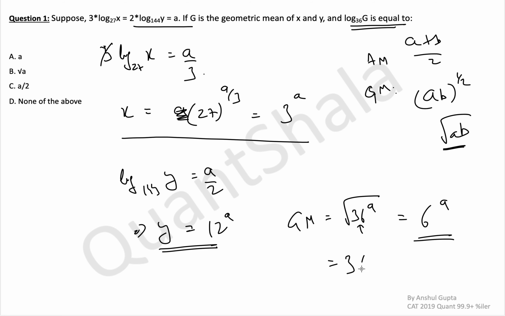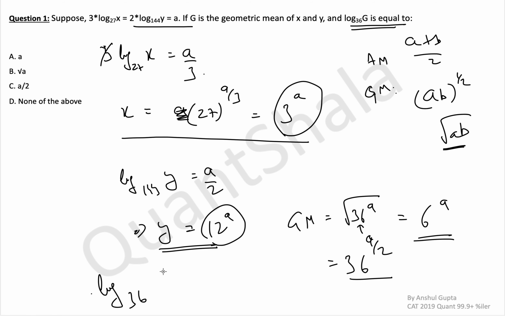So you can also write this as 36 raised to power a by 2, because ultimately we are doing this multiplied by this, which comes out to be 36 raised to power a, and then under root of this will be 36 raised to power a by 2. So log base 36 of 36 raised to power a by 2 is obviously, all of us know, a by 2. So I'm assuming all of you know the basic properties.